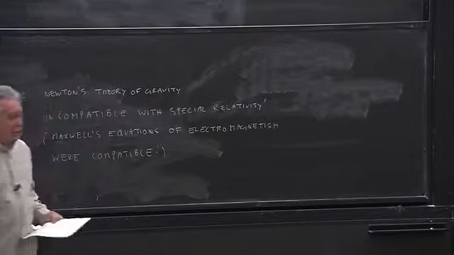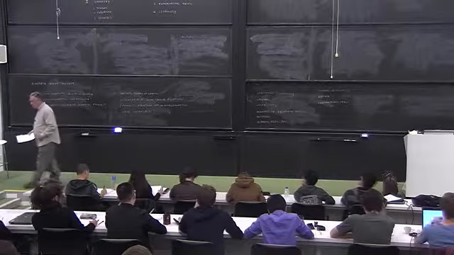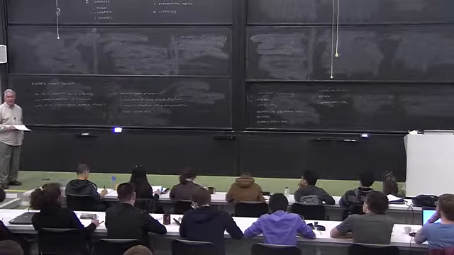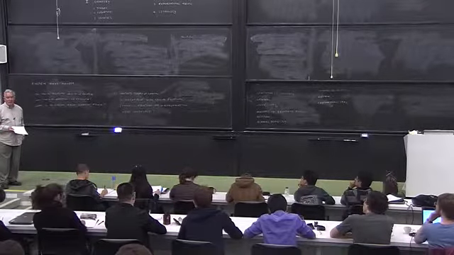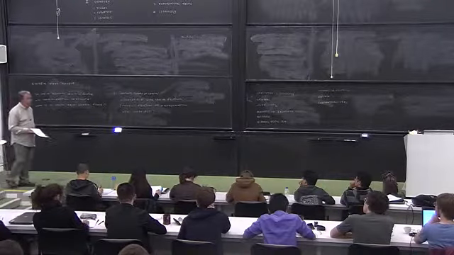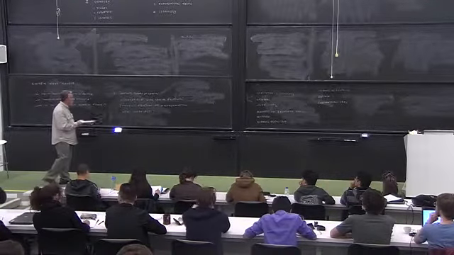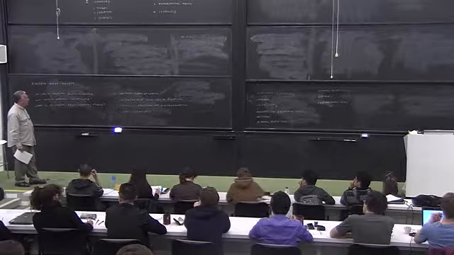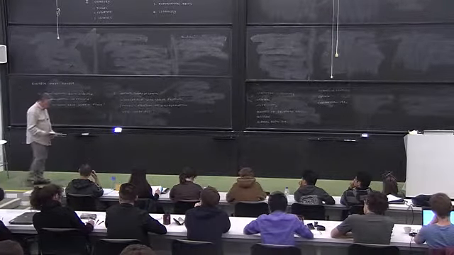It's a rather strange historical fact that the theory that Maxwell dreamed up in the mid-1800s turned out to be relativistically invariant, even though he didn't design it to be. But we'll see, Maxwell's equations are compatible, but Newton's theory of gravity is not. So that's the puzzle.